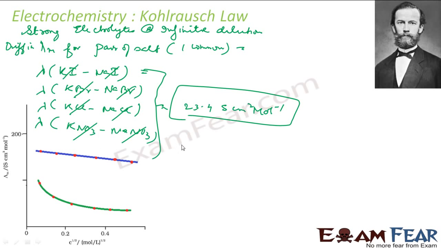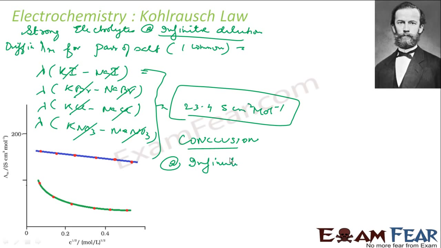Please note, the conclusion he gave from this experiment was that, since everything is happening at infinite dilution, because at infinite dilution you can at least find the molar conductivity of a strong electrolyte, but for a weak electrolyte you can't find it, right? Because they hardly dissociate.